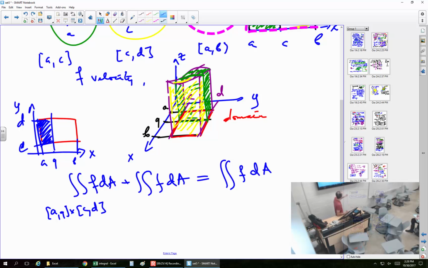So this is a big index. It is the domain. It's a biggie, but it's attached to the integral. So the domain below the integral, as always.